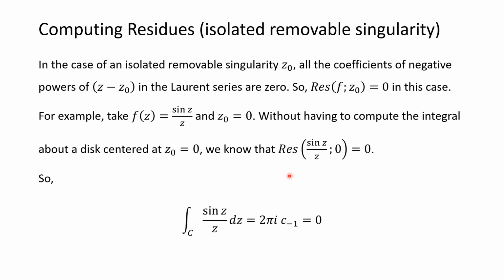And in turn, the integral over the contour circle about z sub 0 of sine z over z equals 2 pi i c sub minus 1, and that is what we define to be the residue, and so that equals 0. So that was the easy case. When we have an isolated removable singularity, we always get the residue being 0.